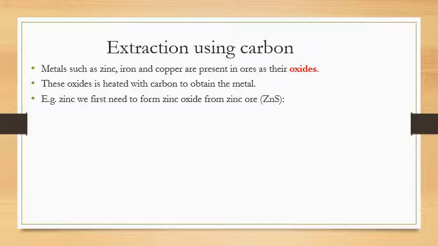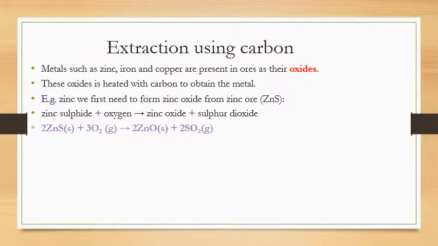So for example, if we need zinc, we first obtain it from zinc sulfide or zinc ore in the form of either the sulfide or the oxide. We react basically the zinc sulfide with oxygen, and this forms zinc oxide and sulfur dioxide, and that's the equation there.